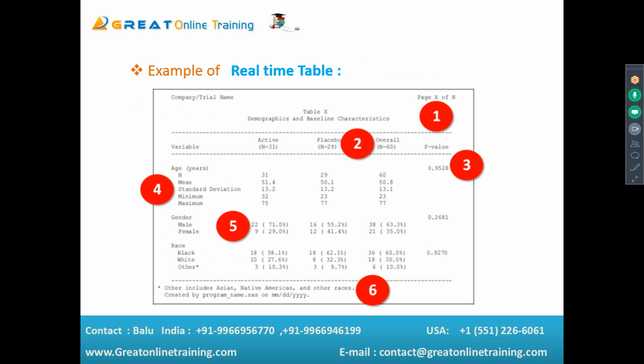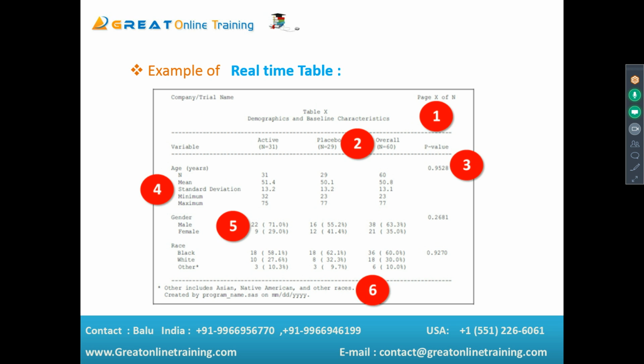Just see the table: demographic and baseline characteristics. Here we have the total number of people in that particular clinical study, for each treatment group, 31 and 29, so a total of 60 members participated in the clinical trial.